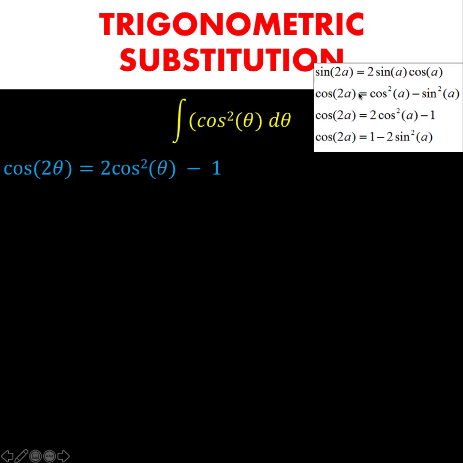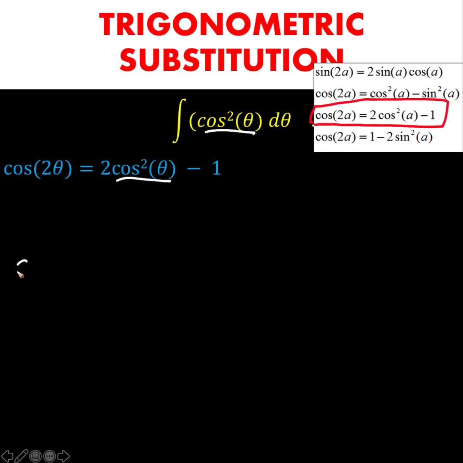So first, from our double angle identity, we have this identity: cosine of twice the angle is equal to 2 cosine squared of the angle minus 1. So that is what we have here. And since in this expression we have cosine squared of the angle theta, let's solve for cosine squared theta in this identity.